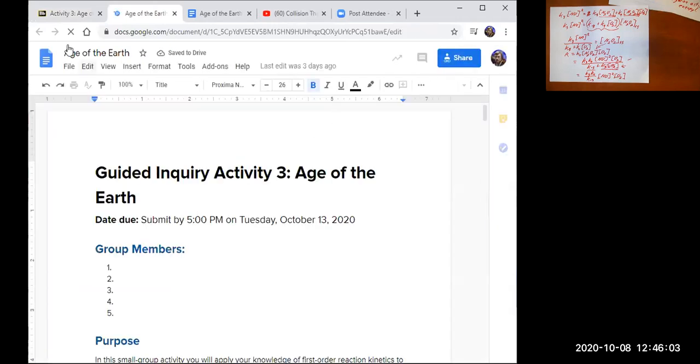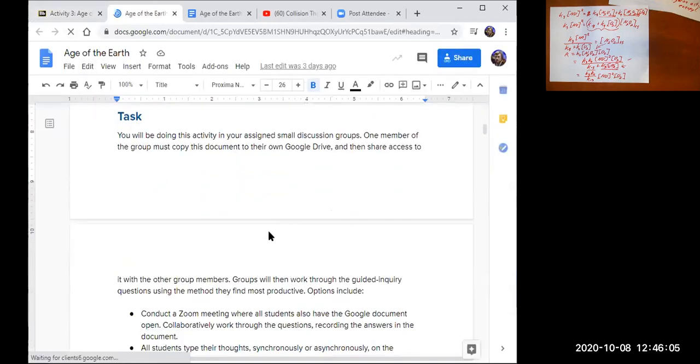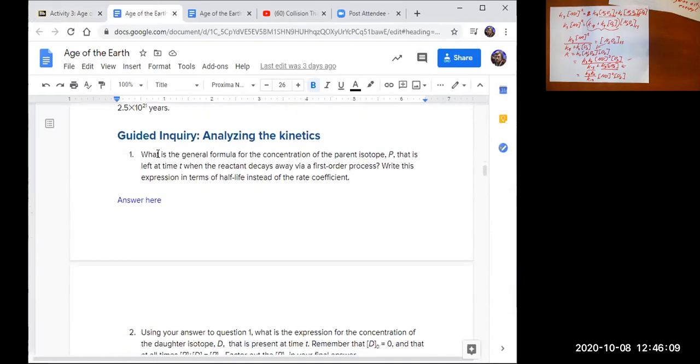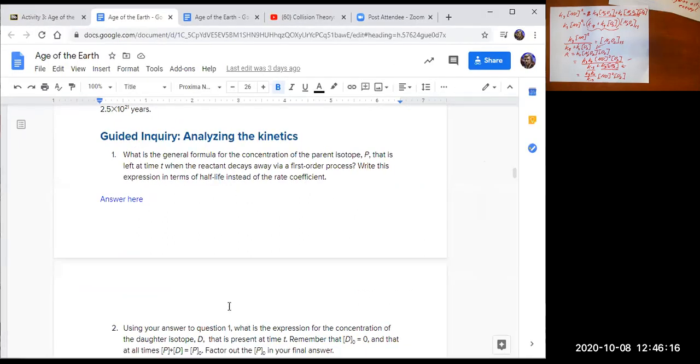So I want to talk through a couple of the ideas here on the first sort of questions here. Several of the steps that are involved in this development are essentially guiding you through finding a form of one of the equations we've been dealing with that's going to be particularly convenient for this particular activity.